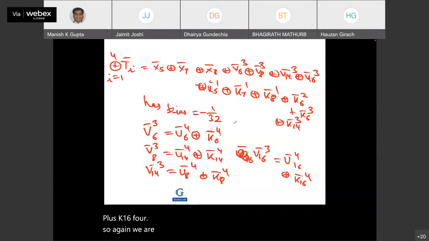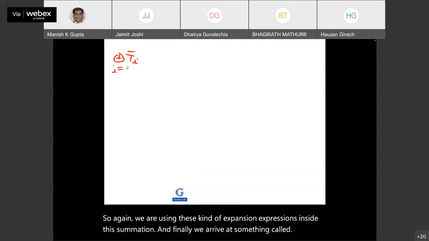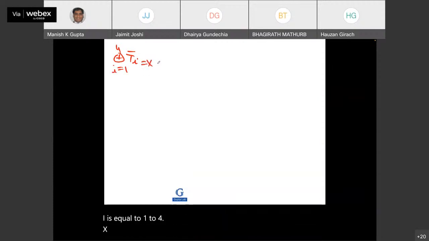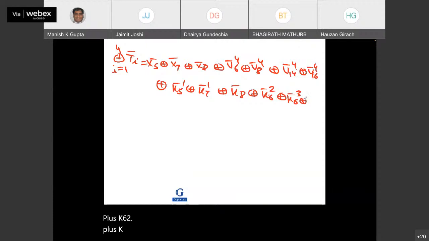So again, we are using these expressions inside this summation, and finally we arrive at the sum over i equal to 1 to 4 of x5 plus x7 plus x8 plus u64 plus u84 plus u144 plus u164 plus k51 plus k71 plus k81 plus k62 plus k63 plus k143 plus k64 plus k84 plus k144 plus k164.